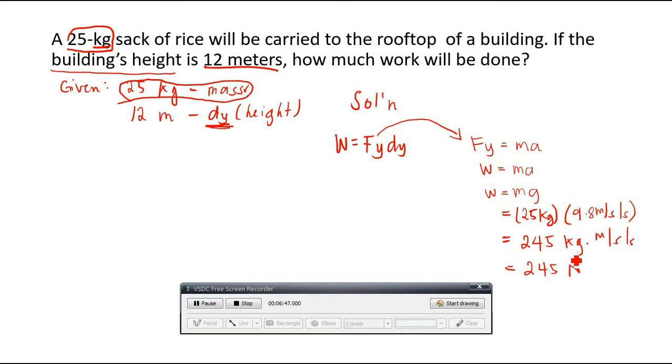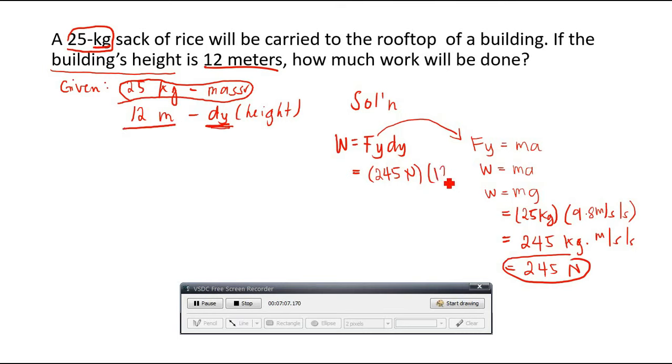So 25 times 9.8 will give you 245 kilogram meters per second squared, or that's 245 Newtons. It should be Newtons because it's a force. So you have now your weight, which is your Fy. We can now proceed to work.